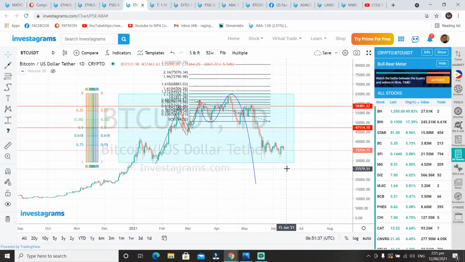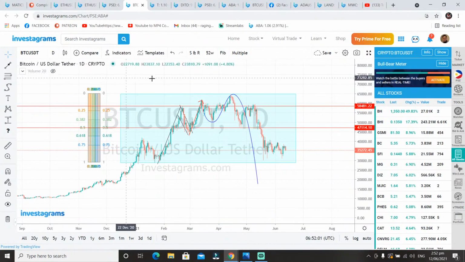Once that happens, what we don't want to see is the price making a move closer to either the support or resistance level at a very slow pace. What we want to see is a very big move, for example like this one. Actually we want this one because we played the short trade for this one.